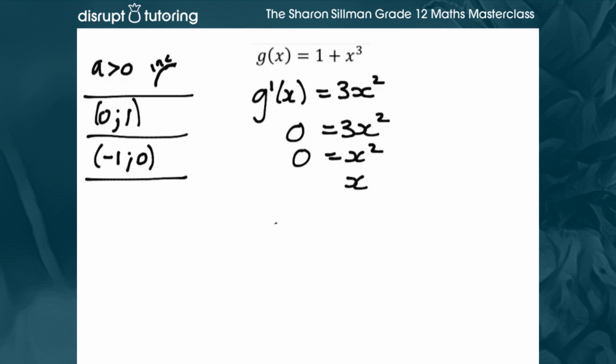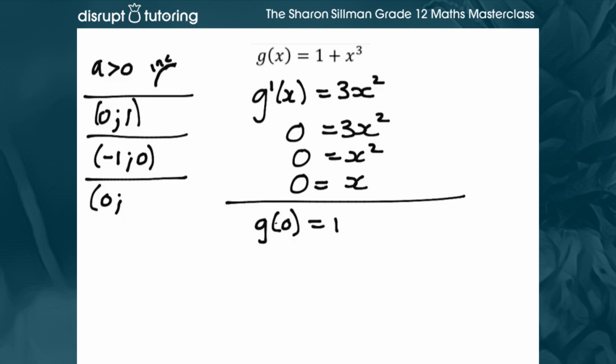And I'm sure you can see that x is equal to 0. That gives us our x coordinate of the point of inflection. I think if you look on the left-hand side, you'll see that you should already know what the y coordinate is. But in general, we would be substituting that back in to find the corresponding y number. So can you see it also happens to be the y-intercept is also your stationary point.